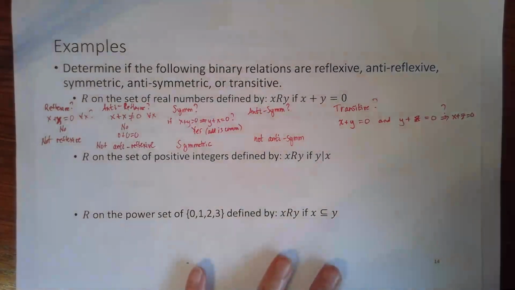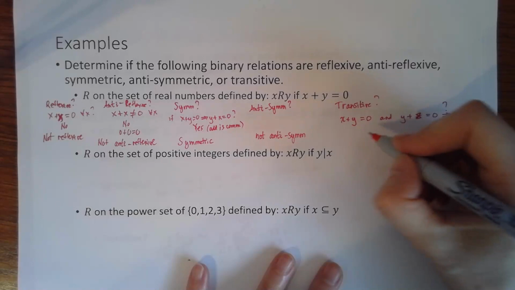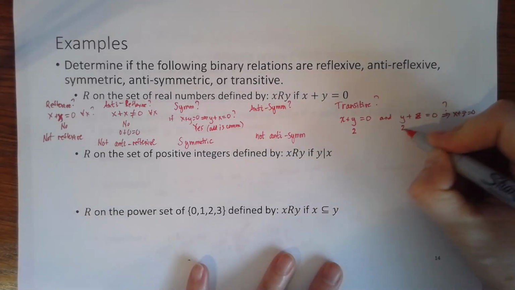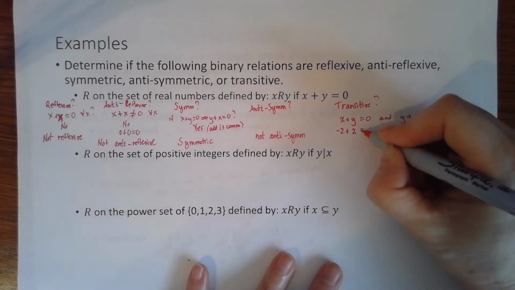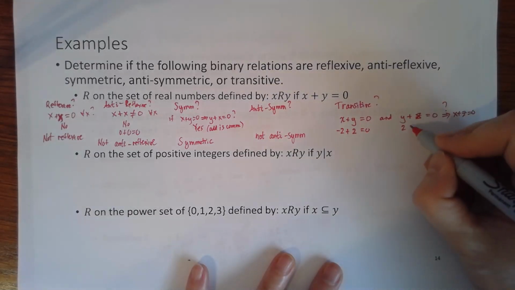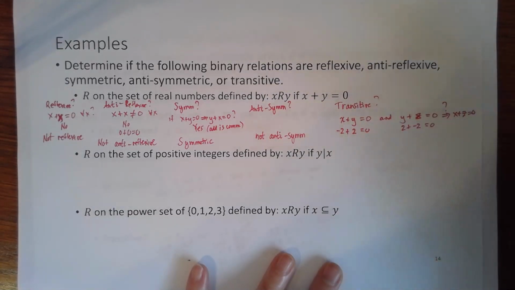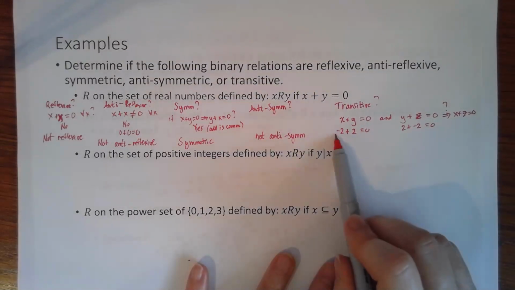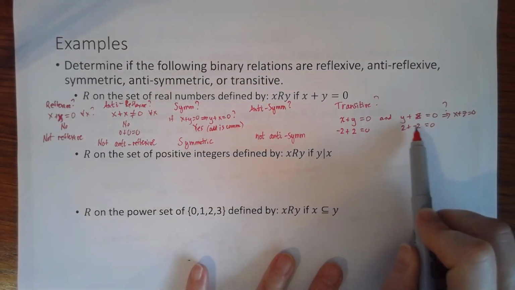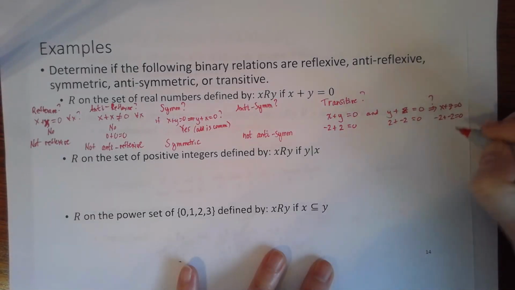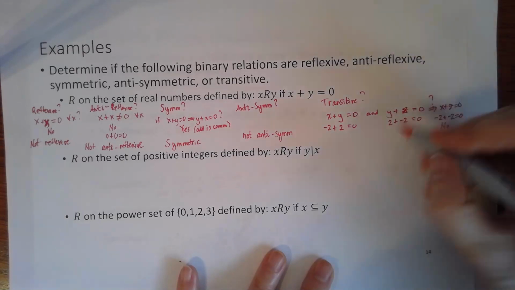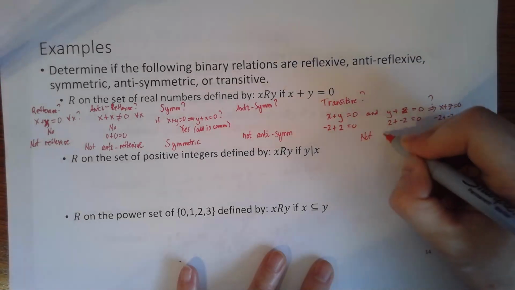For example, we'd have to have the same y, so let's say this was 2. Well, the only way for this to be true is if this is -2, and the only way for this one to be true is if this is -2. So I have -2 is related to 2, and 2 is related to -2. Does that mean -2 plus -2 equals 0? No. Okay, so this one is not transitive.